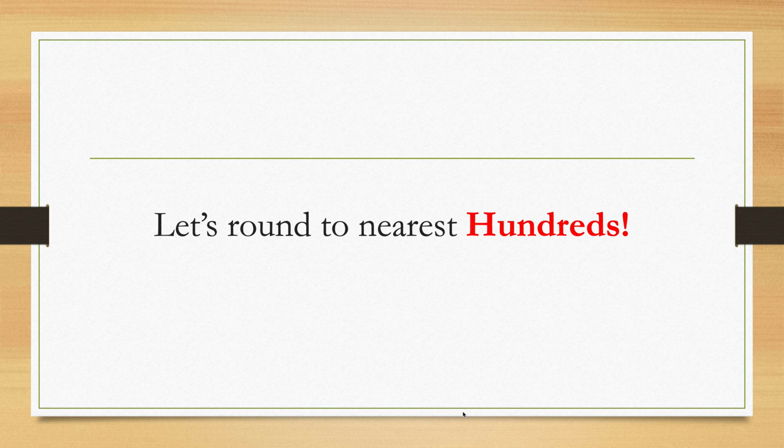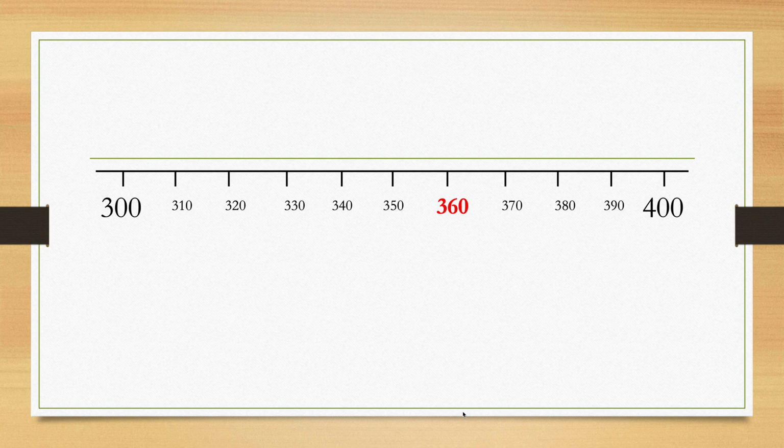So now let's round to the nearest hundreds. The greater 100 here is 400 and the smaller 100 here is 300. And we have to round 360. Such a big number. So, where should we round 360?